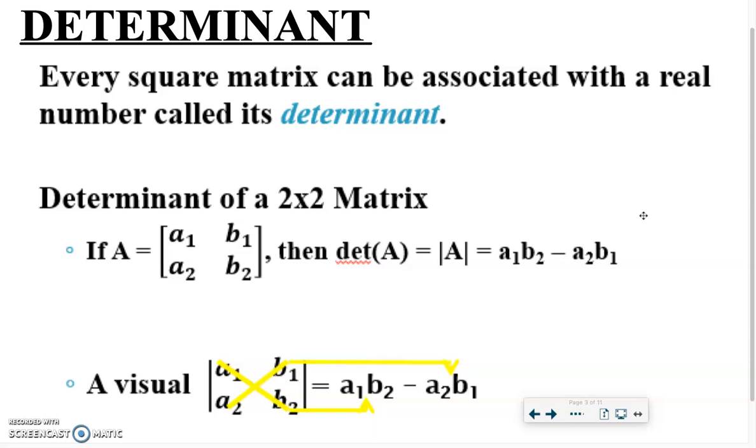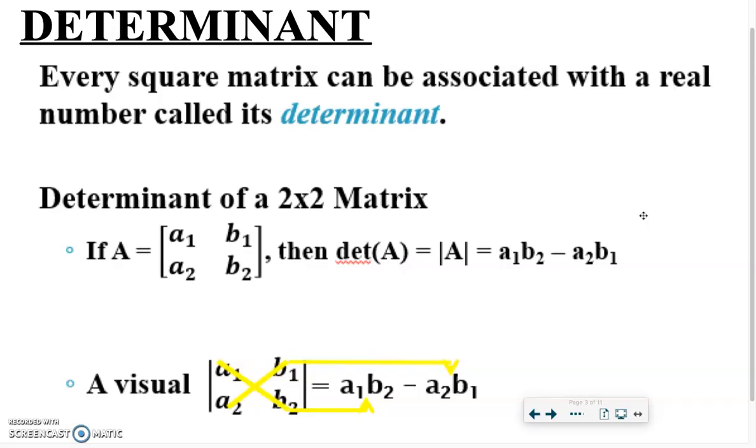Now, if we have a square matrix, we can calculate what we call the determinant, which all of a sudden is going to associate a specific value to each square matrix. I know we're playing off the word here quite a bit, but it's actually where the phrase comes from.